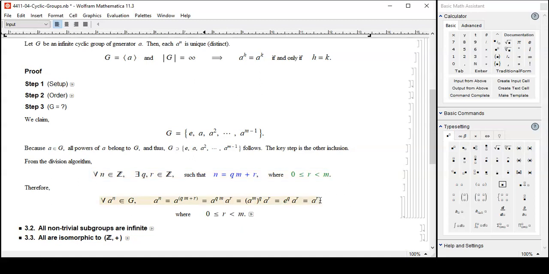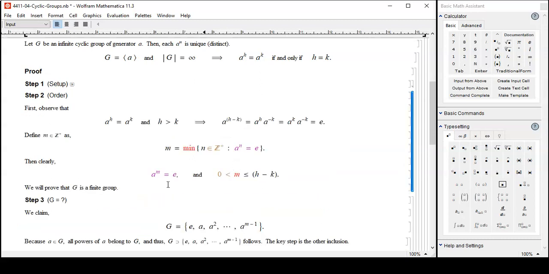And then the same computation we did before. A to the nth power is basically a to the qm plus r power, and then a to the qm power times a to the r power. A to the qm power is actually a to the m power to the q power, and then what is a to the m power? That's e.